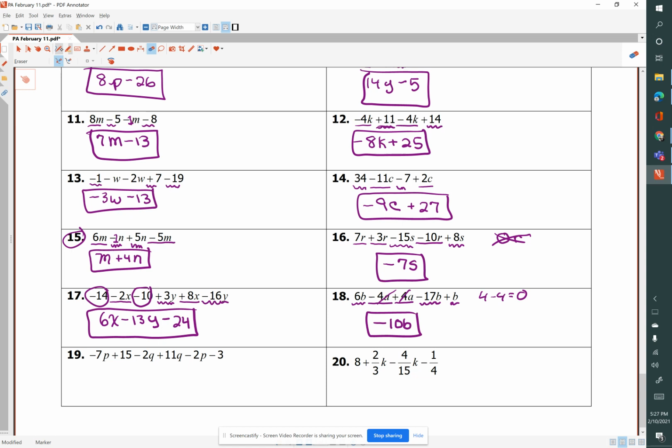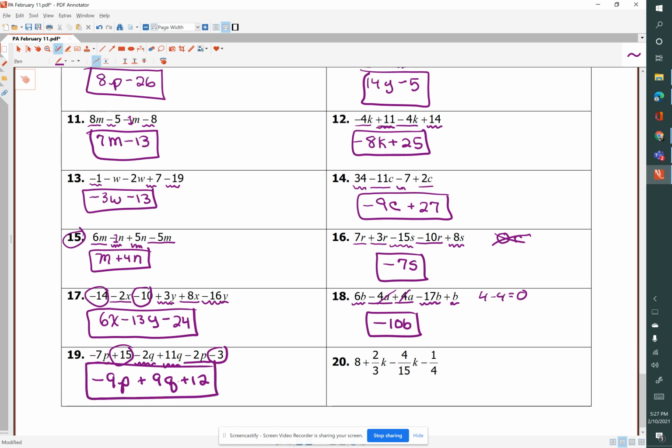The print's a little small for me. Let's start over. Negative 7p minus 2p is negative 9p. Now, negative 2q plus 11q is positive 9q. And then we have 15 minus 3, which is 12.